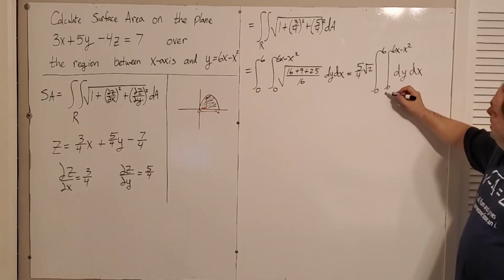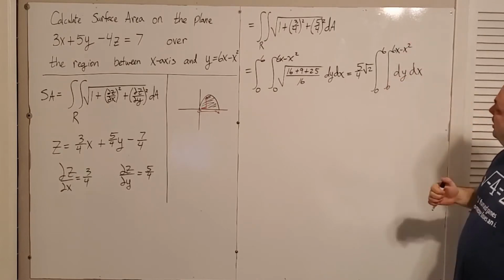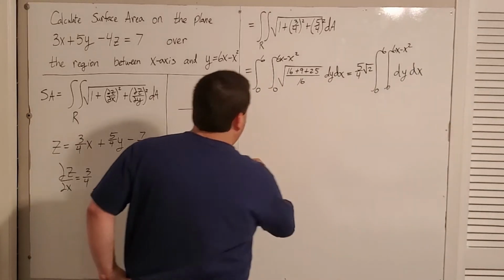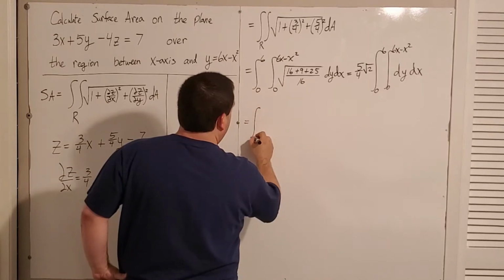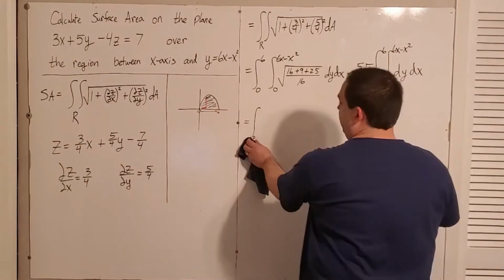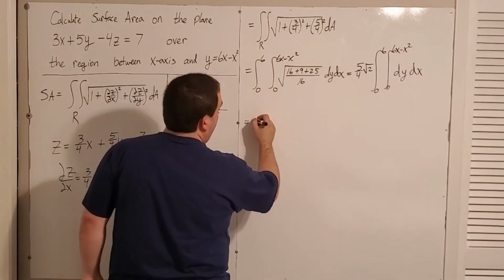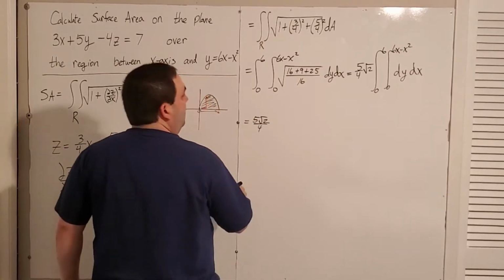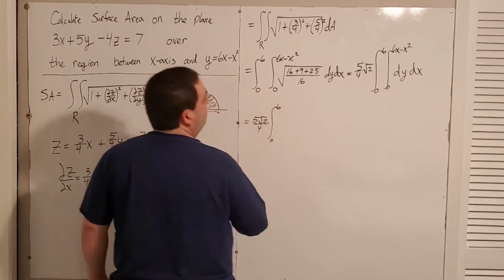So I'm just going to be integrating the y integral here, and you're just going to get y, top minus bottom. So I've got the integral from 0 to, whoops. Don't forget your numbers, David. 5 square root of 2 over 4. And then I've got the integral from 0 to 6.